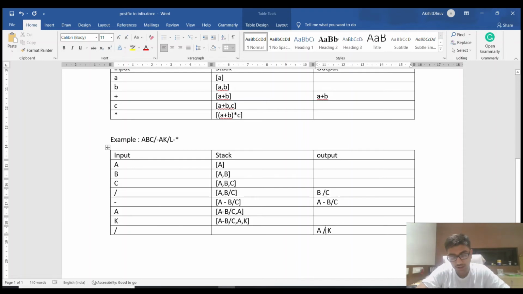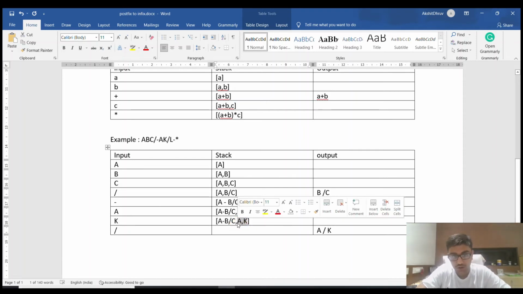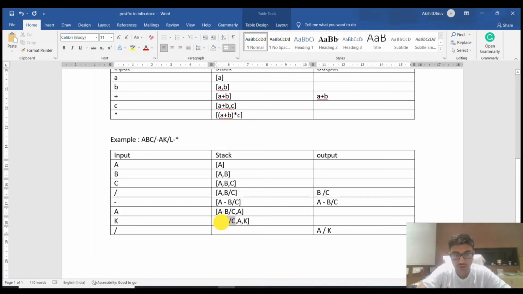A divided by K. They are popped, right? So whatever is left is A minus B / C only. So we will write that first, A minus B / C, and now we have to push this again. Our result should be pushed again. So it will be A / K, right? So our stack will contain A minus B / C, comma A / K.